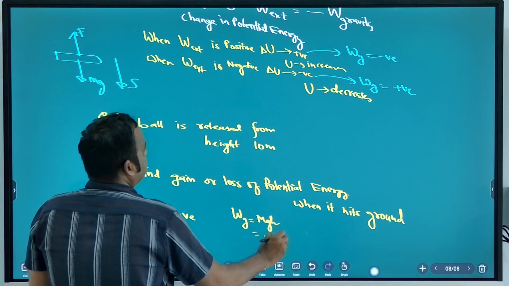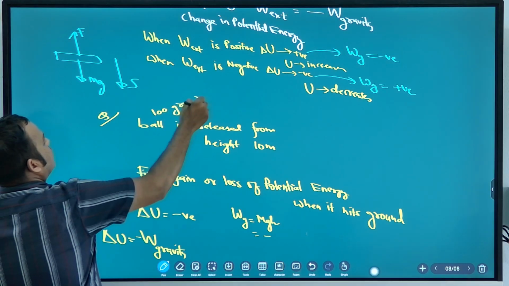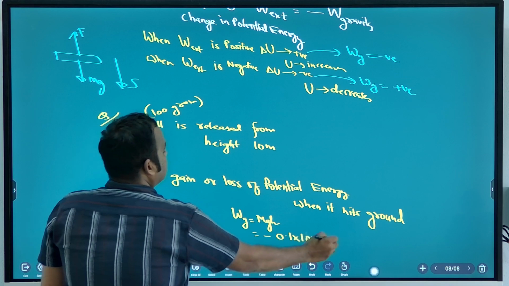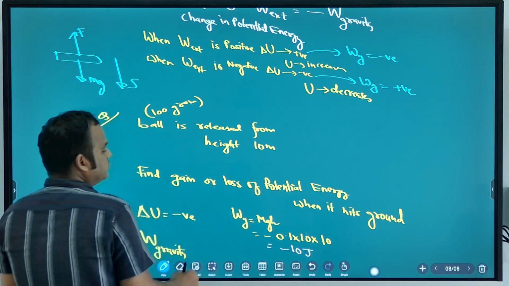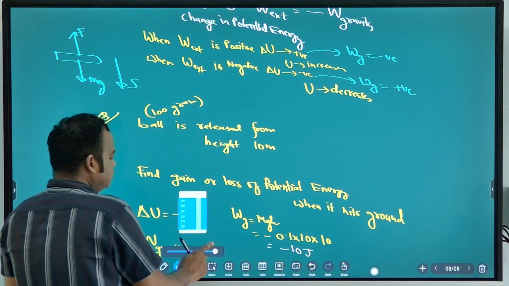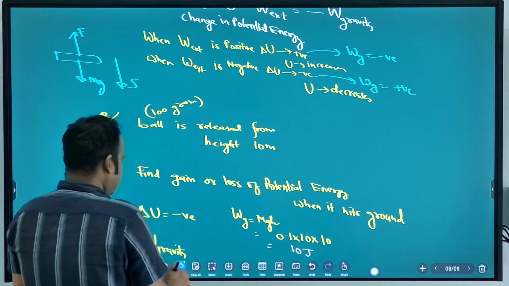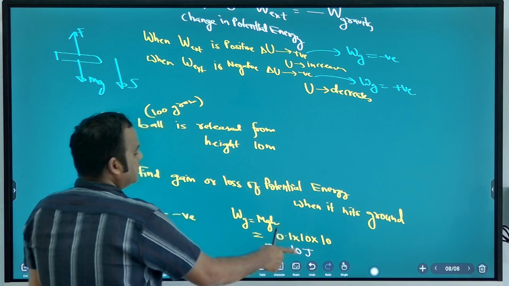Take the mass of the ball as 100 gram, so 0.1 kg, g is 10, height is 10. So minus 10 joule, sorry, plus 10 joule. So work done by gravity is plus 10 joule.